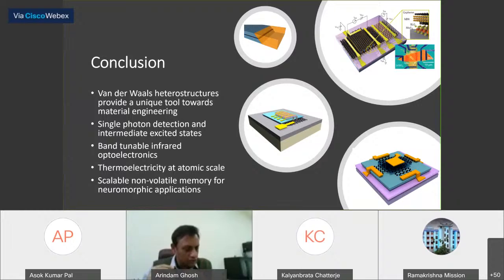This underlines our work here. What we do is we design materials using two-dimensional layers, and we appropriately stack them on top of each other, and we ask the question: what property of the two-dimensional materials should we use to get the device functionality that we want?